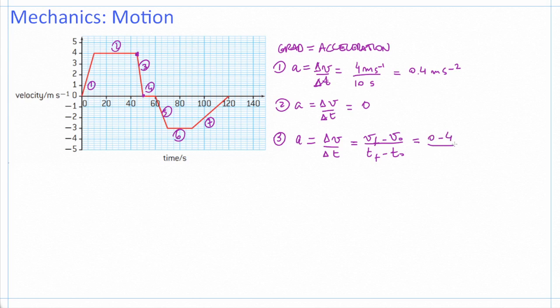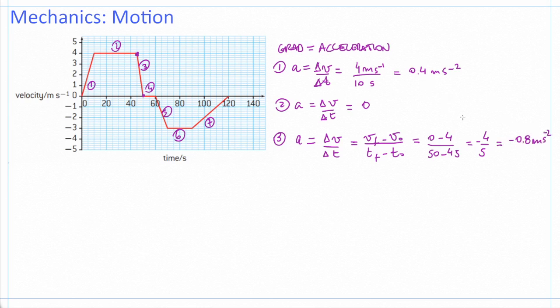I will not write the units, but you know that everything is in meters per second and seconds. So that would be 5 in the denominator and -4 in the numerator. So -4 fifths, which is -0.8 meters per second squared.